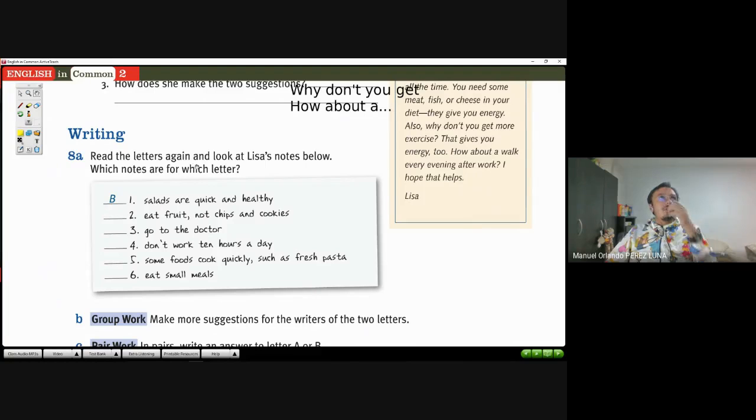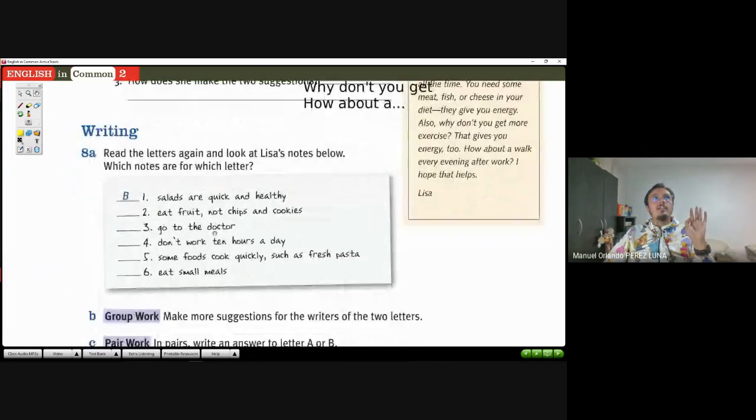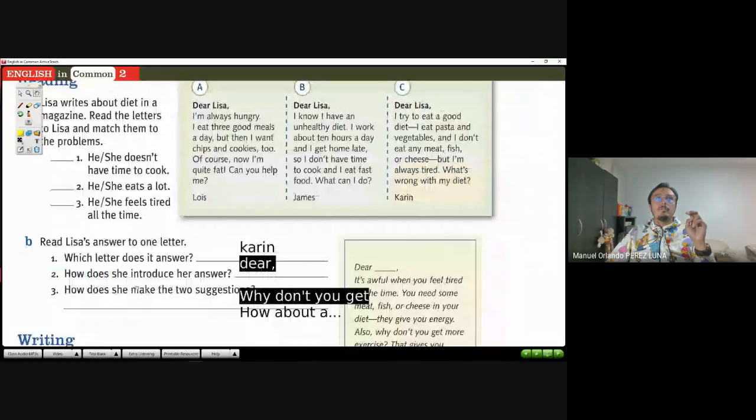Writing, read the letters again and look at Lisa's notes below. Which notes are for which letter? Salads are quick and healthy, eat fruit, not chips and cookies, go to a doctor. So you are going to say which is from which, cuál es de cuál, okay? For example, salads are quick and healthy, that is the letter B, because that corresponds to this problem, to the problem B, okay?